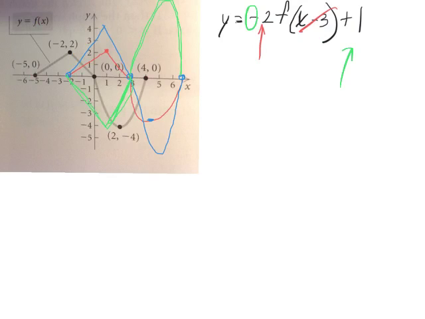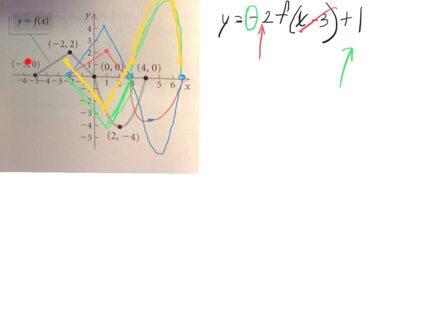Every point is going to be 1 unit up. So we're going to get a final graph that looks like this. And then this is going to go up 1 more than what it is there. And it'll look like that. So what I have there in yellow is my final graph.